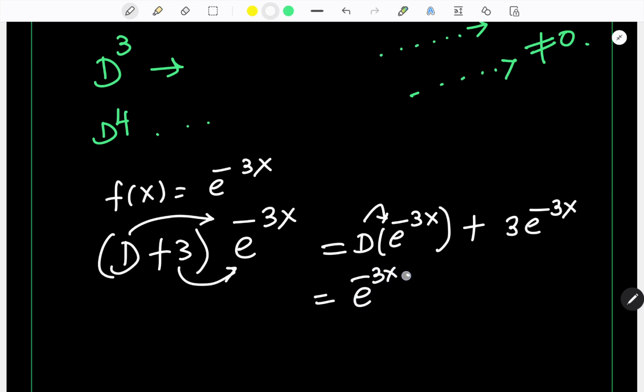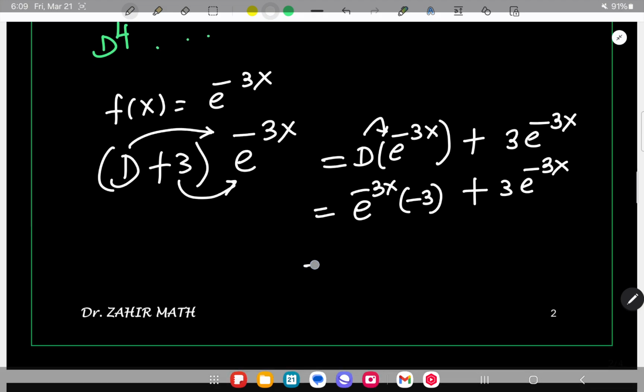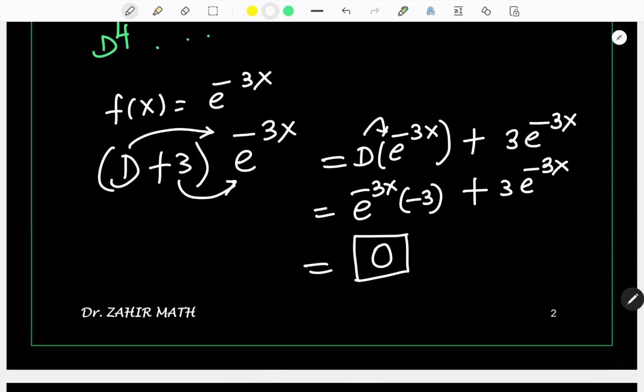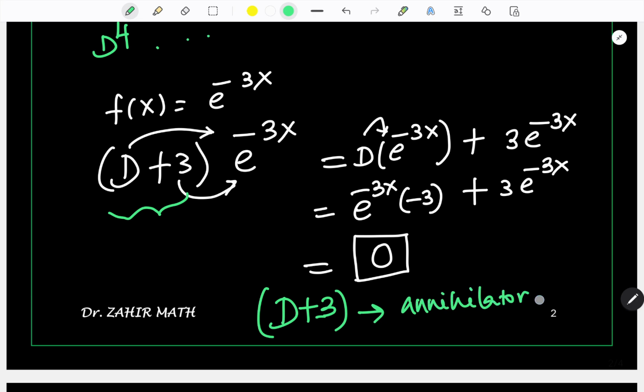So e power minus 3x times minus 3 plus 3 e power minus 3x. What happens to this? It becomes 0. So what is the conclusion? D plus 3 is the one that made this function 0. So D plus 3 is the annihilator.